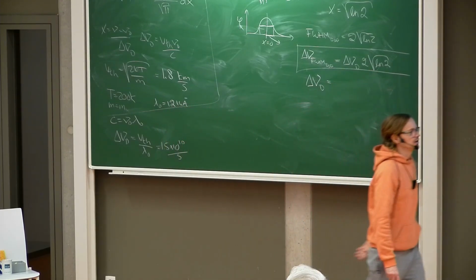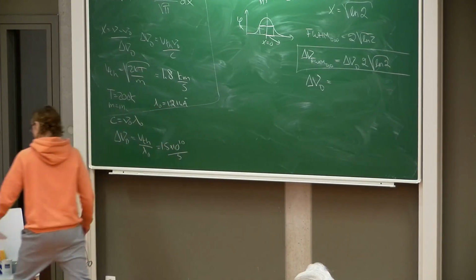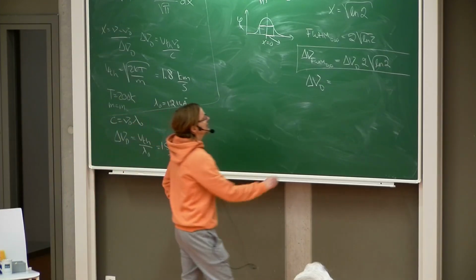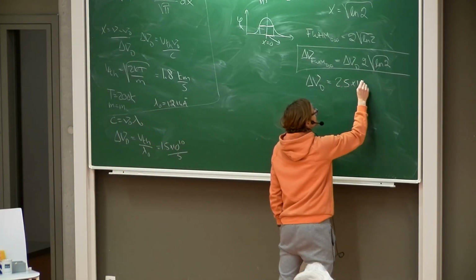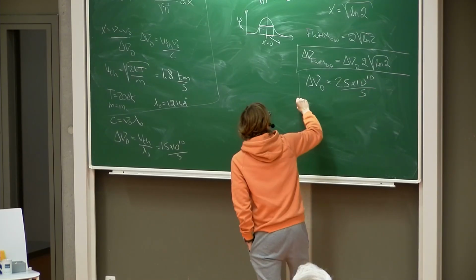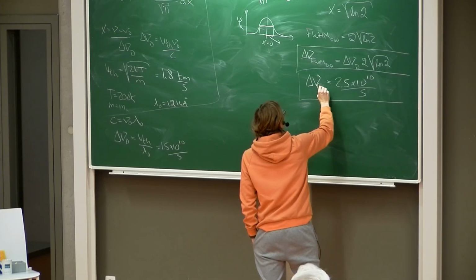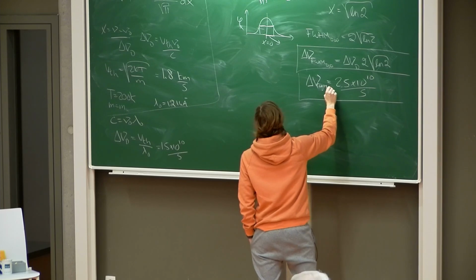That just means that we have to multiply it by this, and now you have gotten the hang of it, right? So I'm going to actually look up the number now. It's 2.5 times 10 to the 10 per second. That's the full width half maximum for the Doppler.